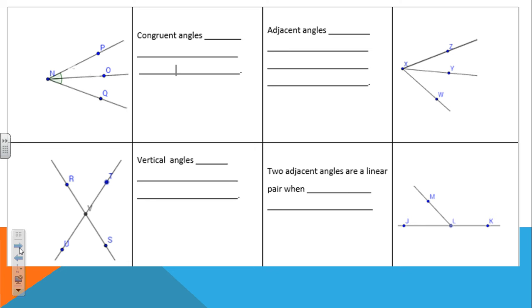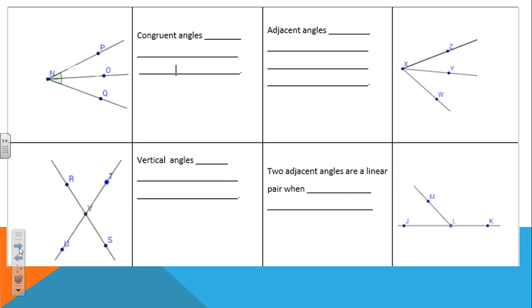So far, so good? Angle ZXY is adjacent to angle YXW because they share a ray, don't they? And that ray is between the two angles. So if that is a better definition than what your book says, we can write that down.